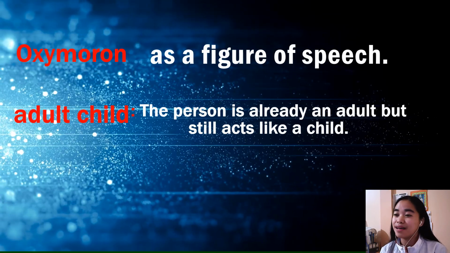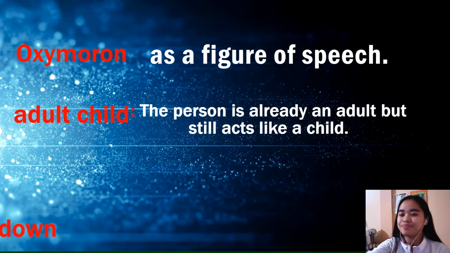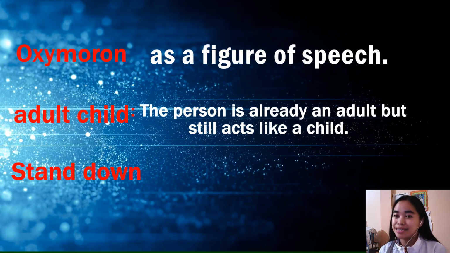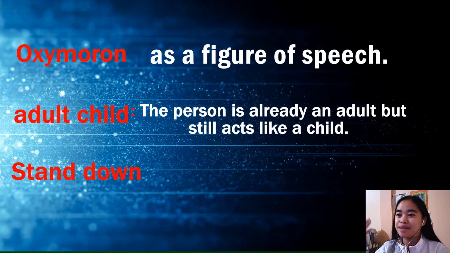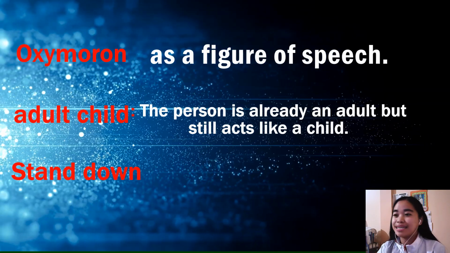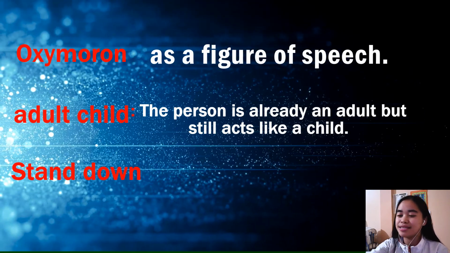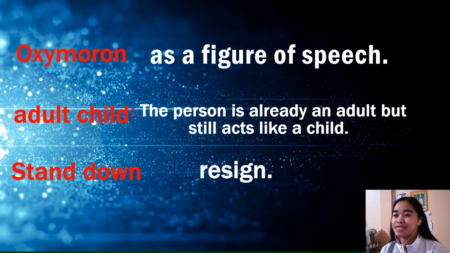It means adult child, that means being childish. Stand down. Stand, that goes up, and then a contradictory word which is down. So when we say stand down, if we put that in a sentence, it could mean resign.